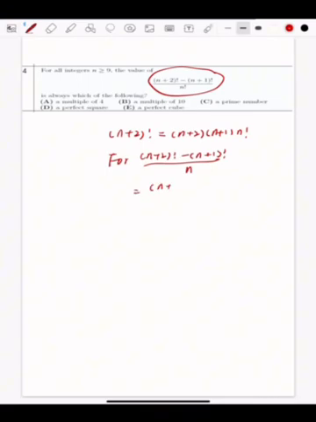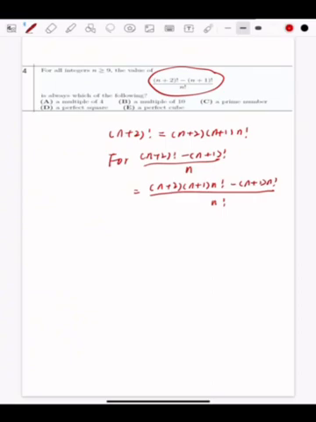That equals this one. And now we have to factor out n from the numerator.